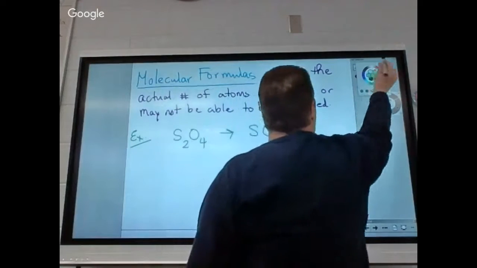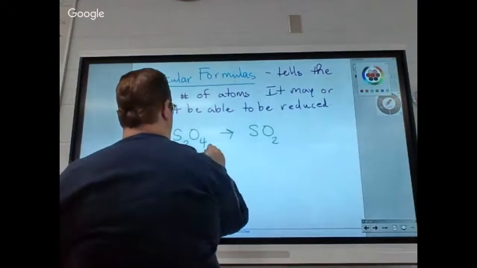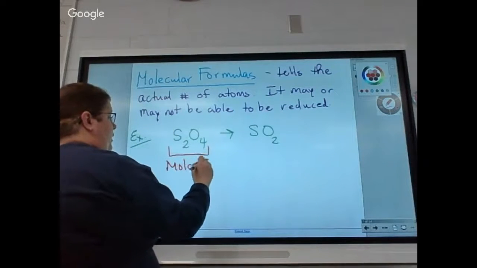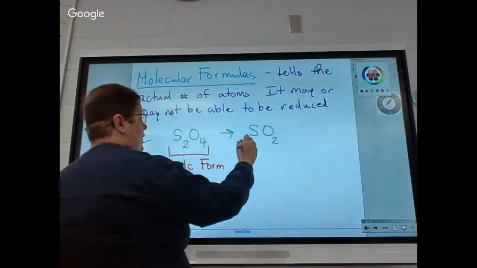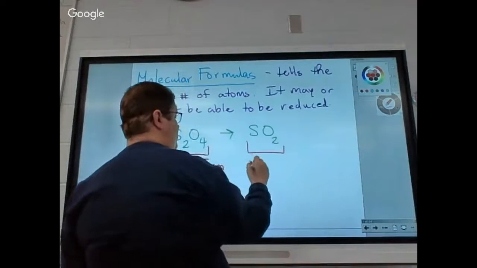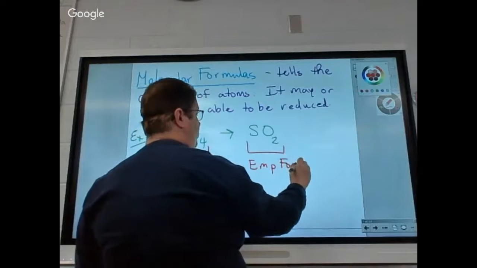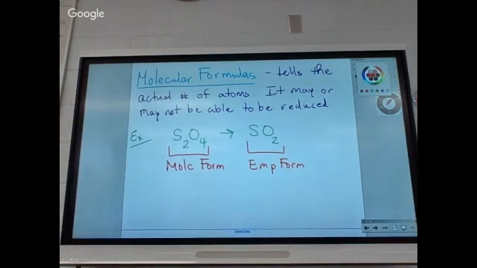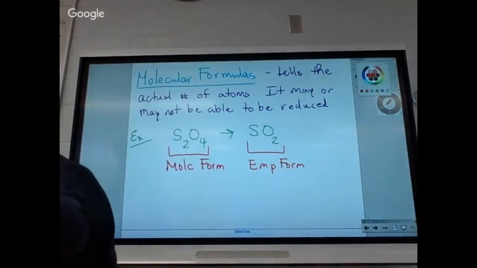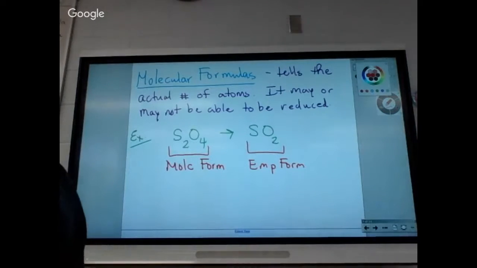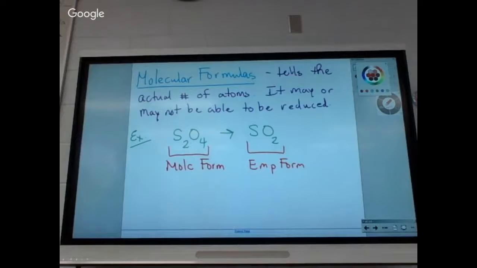We would know that this is the molecular formula and this is the empirical formula. Everybody knows that. We just practiced that a second ago when we were doing the introduction of empirical formulas.